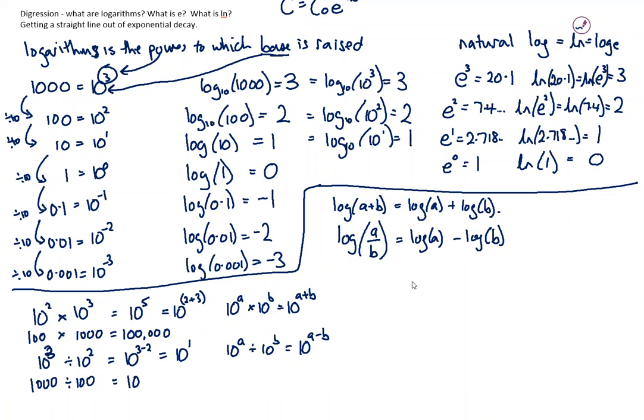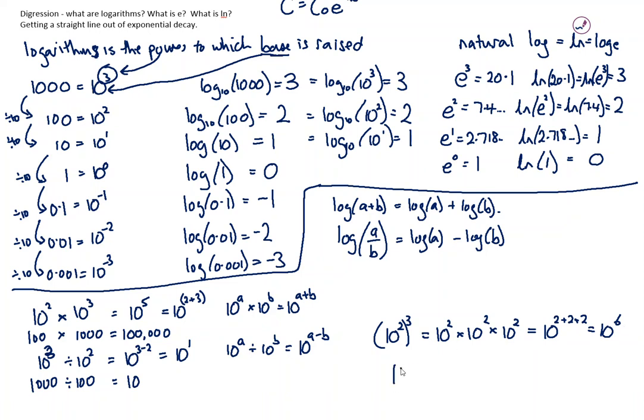There's one more rule that we need to remember. If we have 10 to the 2 all to the 3, that's the same as 10 to the 2 times 10 to the 2 times 10 to the 2, which is 10 to the 2 plus 2 plus 2, which is 10 to the 6.